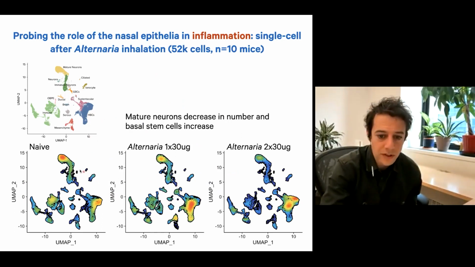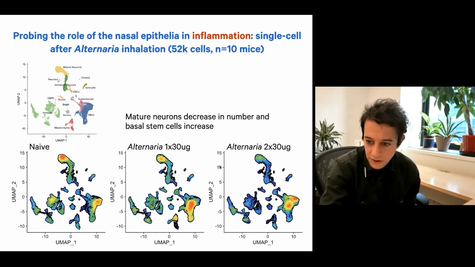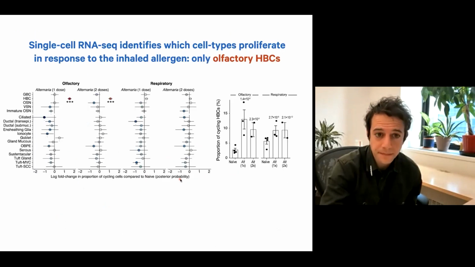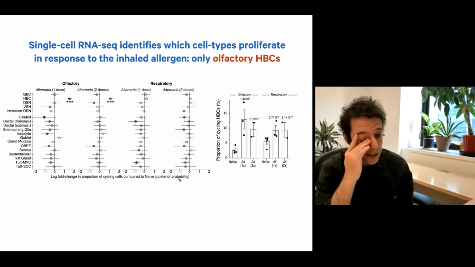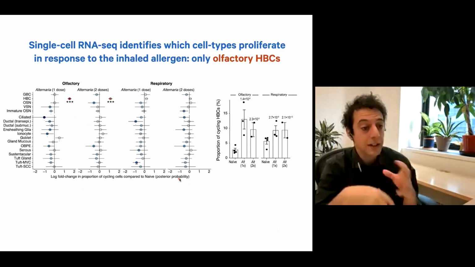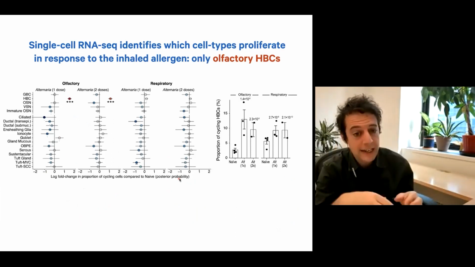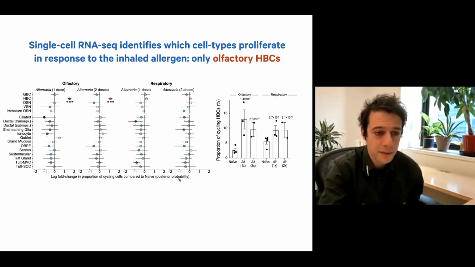And we saw a relative decrease in the number of mature neurons, but we really did see this big increase in the stem cell population, which was surprising. So we then wanted to look at whether any of the cell types in our data were clearly proliferating, which could explain this increase in the number of stem cells that we observed.